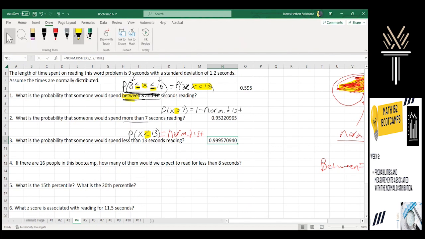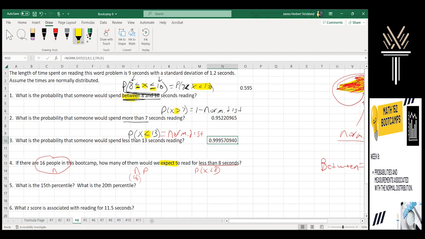All right. Part 4. Reading. Boom, there's our keyword. We need n times p. Well, n is your objects, your finite trial size, your sample size. So we have 16. But we need p, and we're trying to find less than 8 seconds. So the probability is x is less than 8.